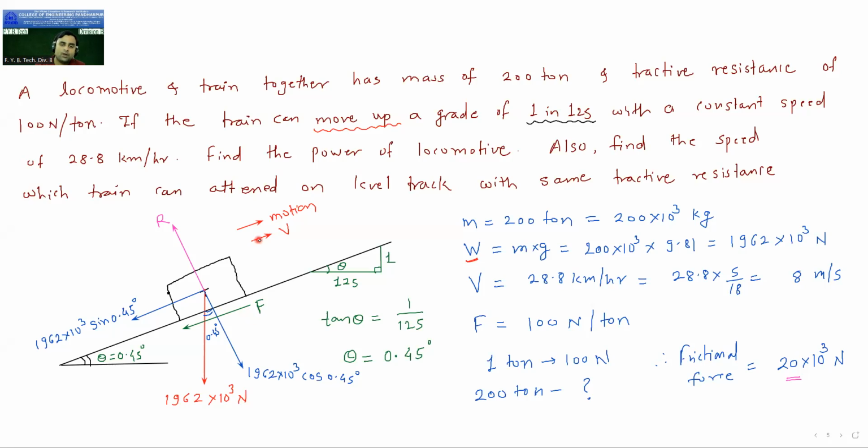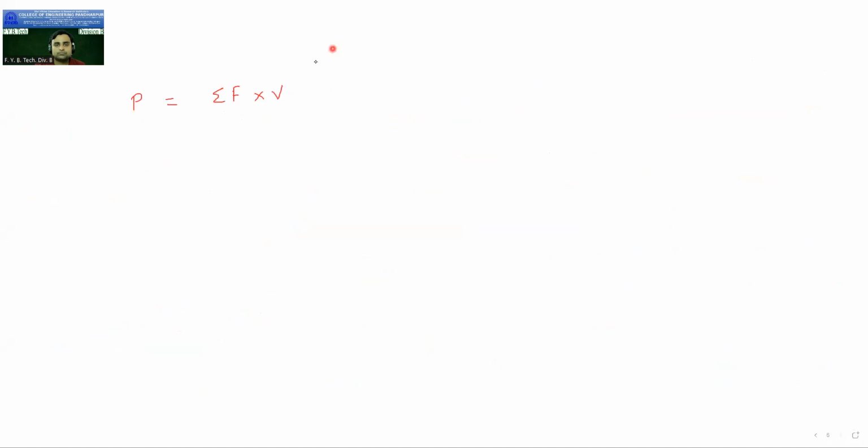Now see, velocity is in this direction towards the right hand side, and this force is towards the left hand side, and frictional force is also towards the left hand side. So these two forces we should take as negative, minus. So here I can write P is equal to, here in the bracket, minus 1962 into 10 raised to 3 into cos of 0.45.